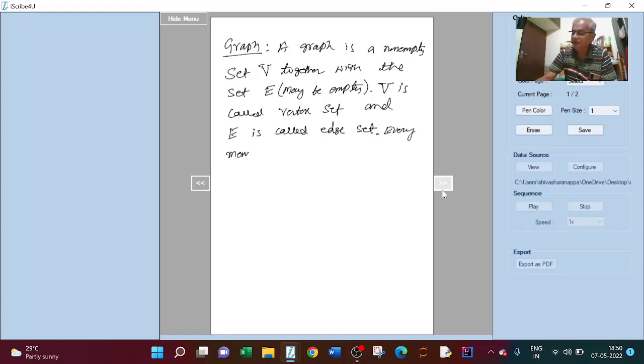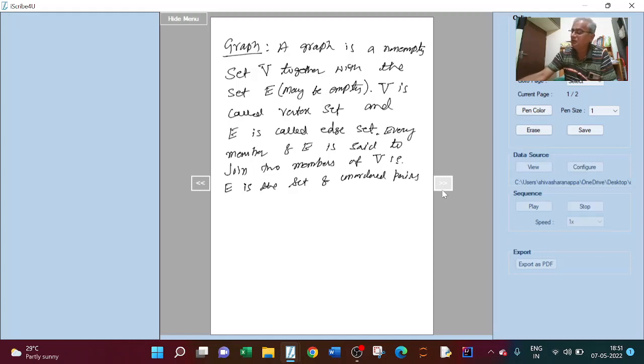Every member of E is said to join two members of V. So E is the set of unordered pairs of the elements of V. Unordered pair.